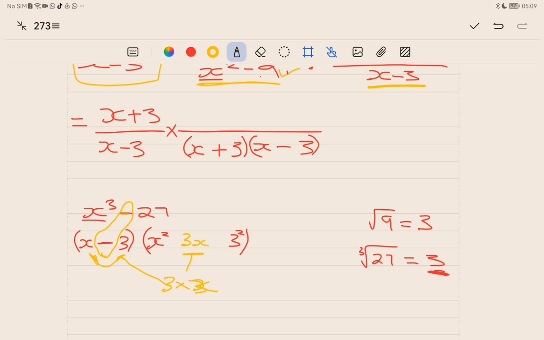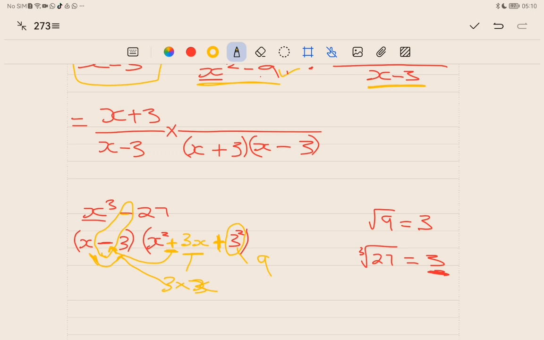So with difference of 2 cubes, here it is always positive. Here it is always positive. Then here, the sign must be the opposite of this one. So this one is negative, then the opposite of negative is positive. So this is what we're going to have. But we need to punch this on a calculator. What do we get? We get 9.